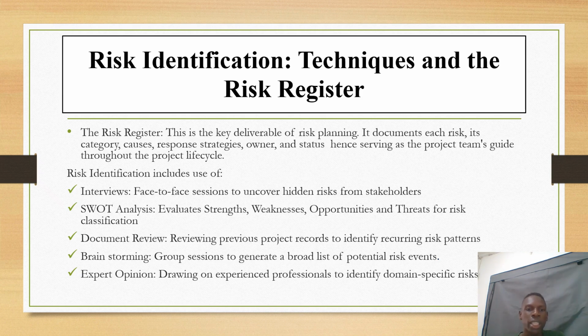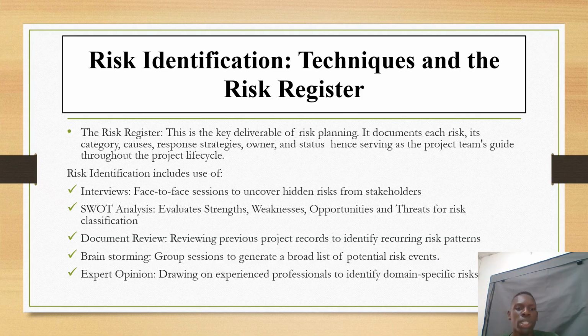During risk identification, we use methods such as interviews. Interviews are where you have a face-to-face conversation with someone and talk with them directly so that they can uncover their hidden risks. We have the SWOT analysis, which evaluates your strengths, weaknesses, opportunities, and threats for risk classification.